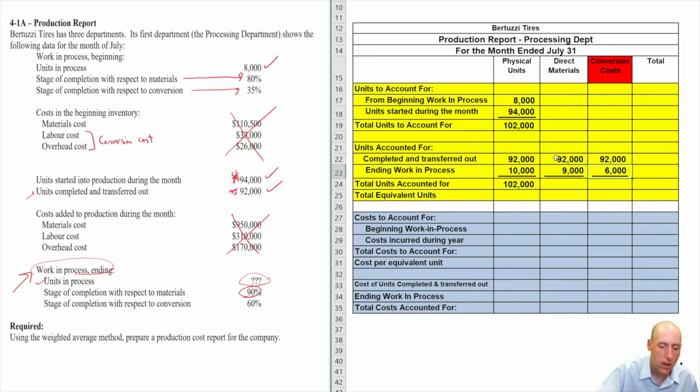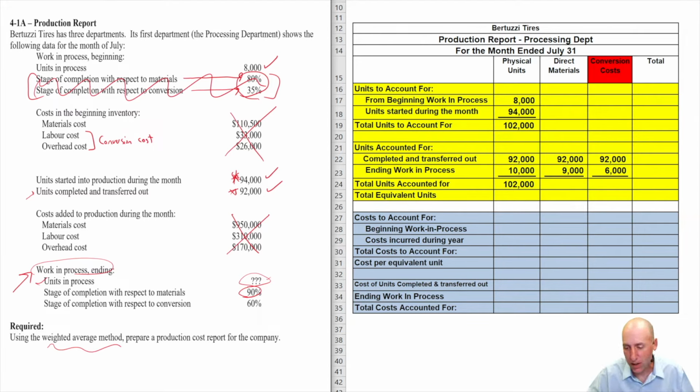Now, some sharp intellectuals in the class might be looking up here saying, wait a minute, what about these 80 and 35%? Those numbers are useful if we are using the FIFO method of preparing a production report, which we'll learn in problems 4.4a and 4.4b. Here we don't need them. So this is just extraneous information.